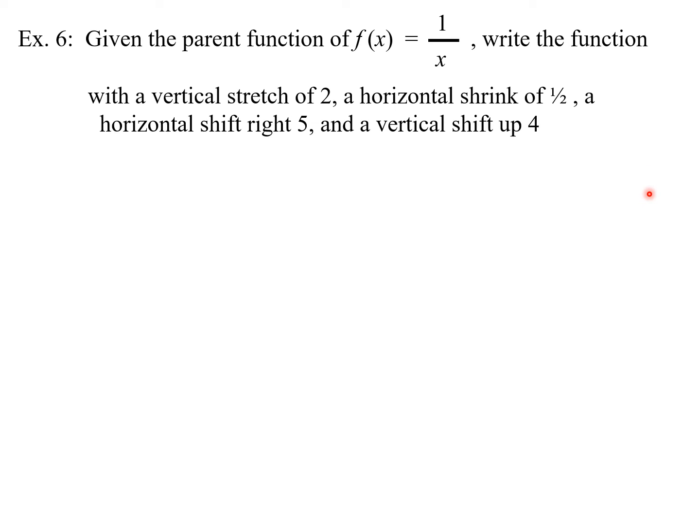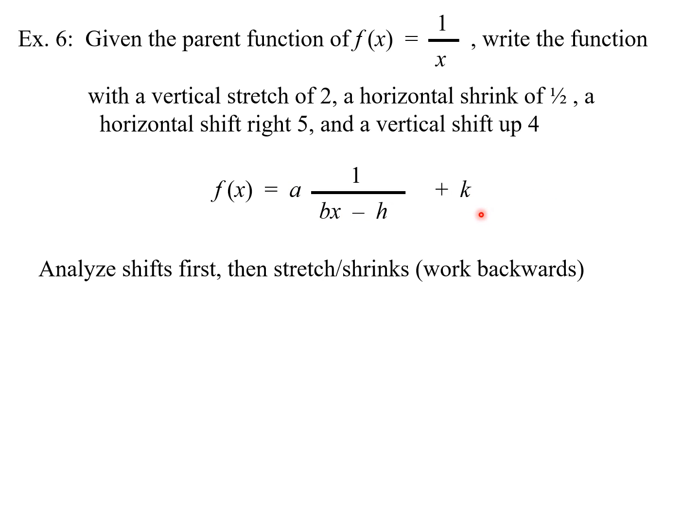Okay, let's do this example. Given that parent function, write it with these parameters. The general form of such a function is going to look like this, and we have to identify the a, the b, the h, and the k. Once again, we're going to work backwards. We do the shifts first, and then the stretches or shrinks. So k: it has a vertical shift up 4, so k is 4.